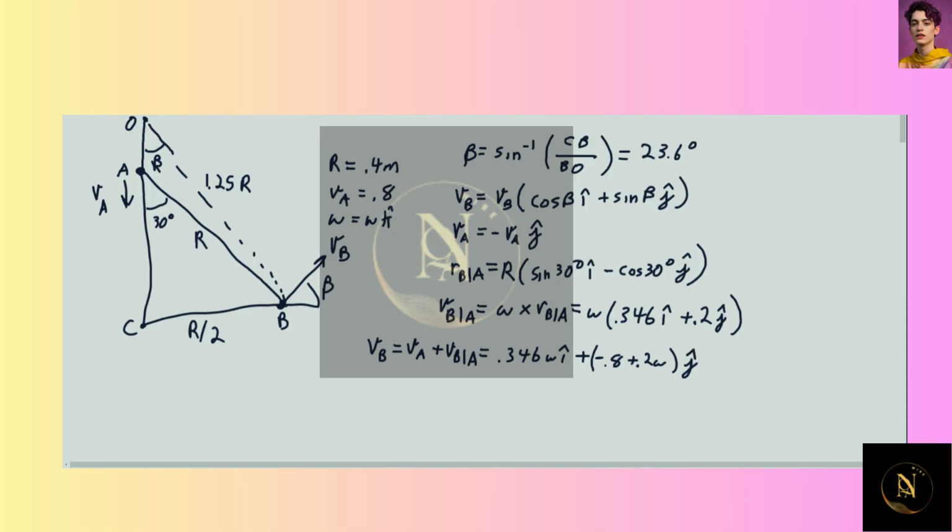And we can set this equal to our VB above, which I'll star here and down here, and we can compare just the i hat portions and just the j hat portions.